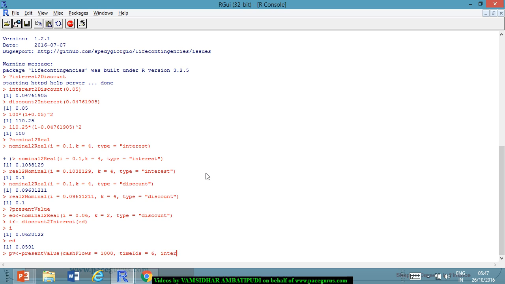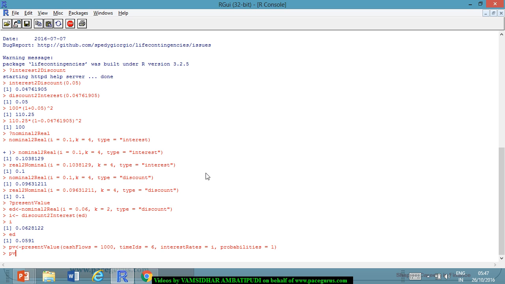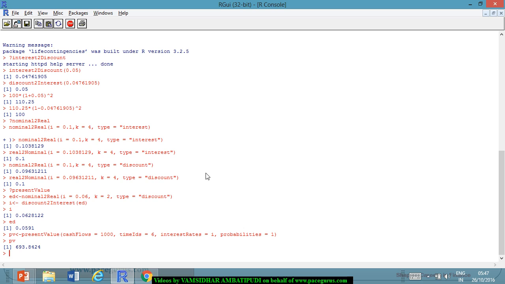Then the interest rate is fixed, which is coming out to be my I, which is 6.28%. And probabilities, there is no uncertainty in the cash flows, so I can very well set the probability equal to 1. Even if I ignore it, it's going to take by default the probabilities as 1 itself. So this is giving me my PV value as 693.